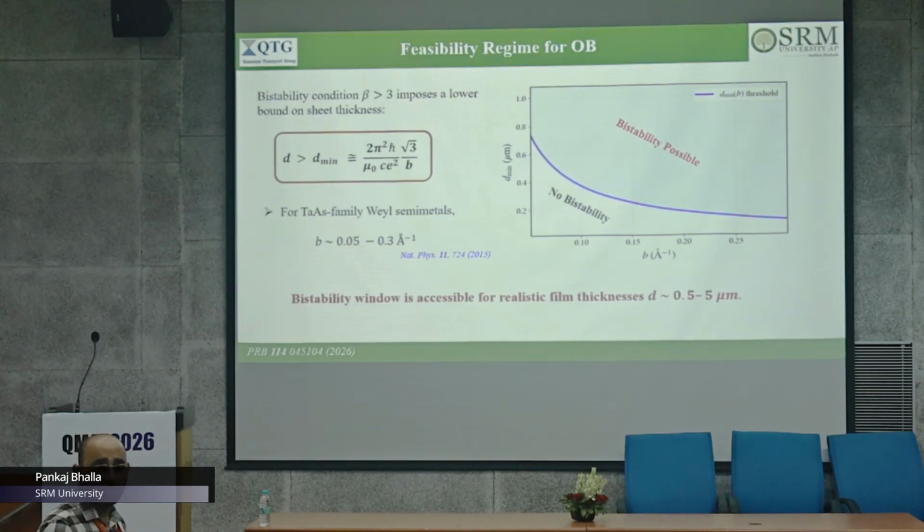Looking from the experimental perspective, for this TaAs, people have experimentally found the range of 0.05 to 0.3 angstrom inverse. Based on that, we can say that the bistability window is accessible for realistic film thickness, when d is in the range of 0.5 to 5 micrometer.